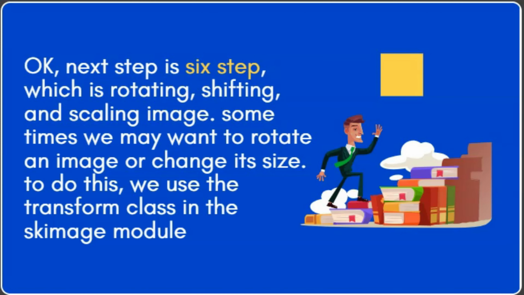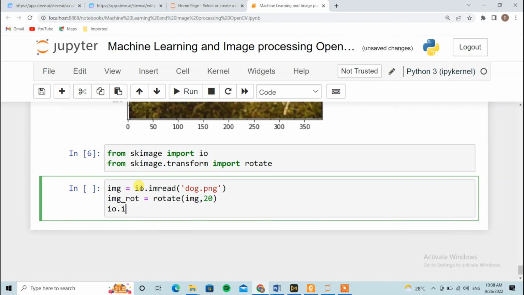Okay, the next step, the sixth step, is rotating, shifting, and scaling an image. Sometimes we may want to rotate an image or change its size. To do this, we use the transform class in the skimage module, which you see in the second line of code.